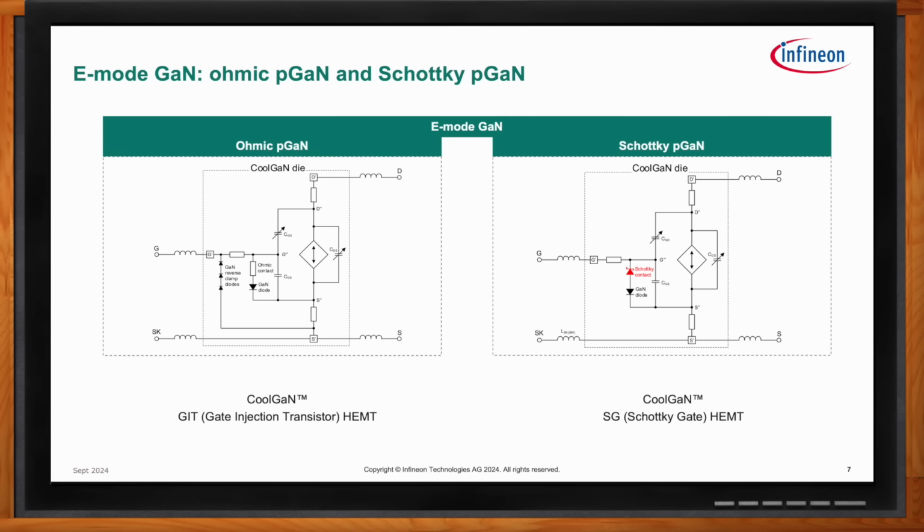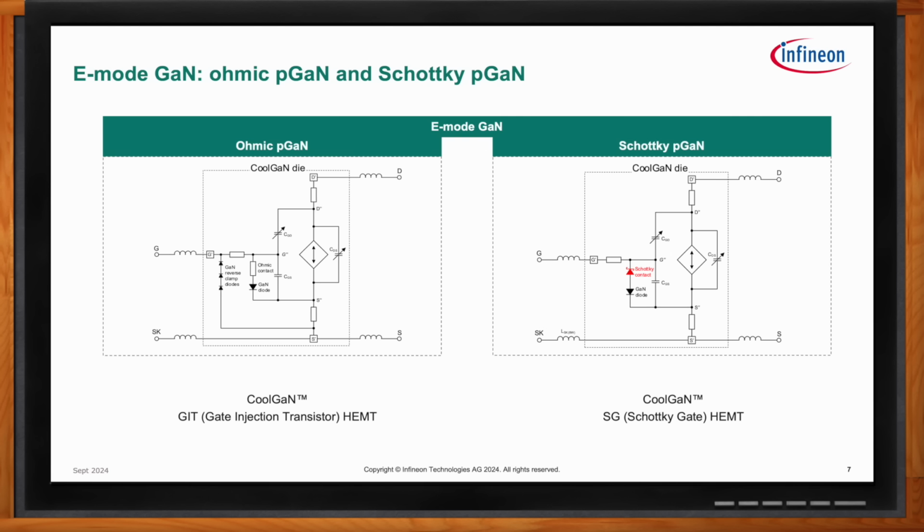So let's take a look at the ohmic P-GaN first. All the components inside the dotted box are internal to the GaN HEMT. The inductors external to each terminal, that is the drain, gate, source, and the Kelvin source, are parasitic inductances associated with the immediate circuit board traces around the device.